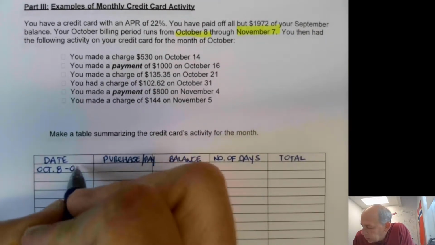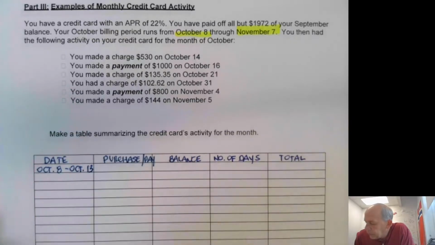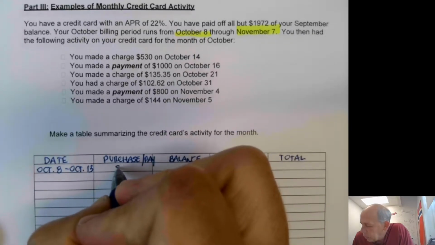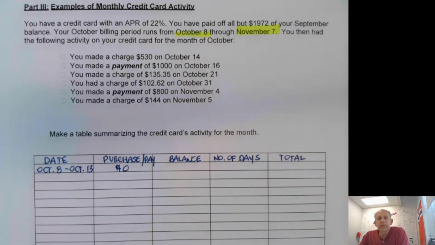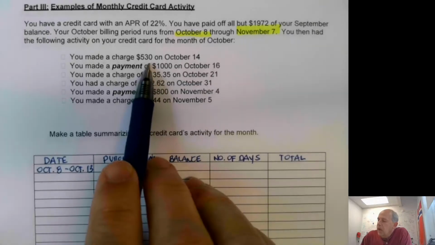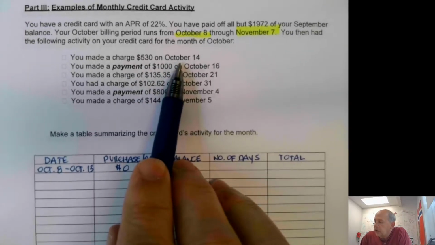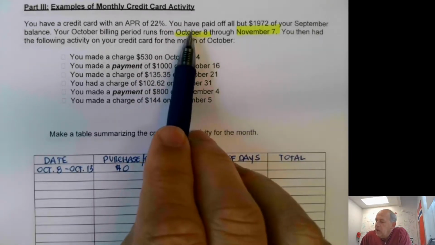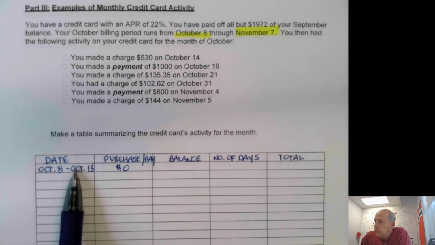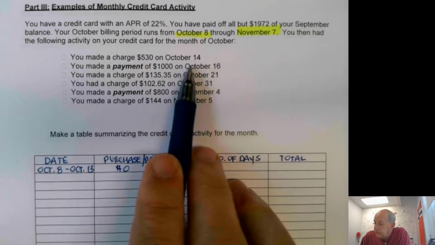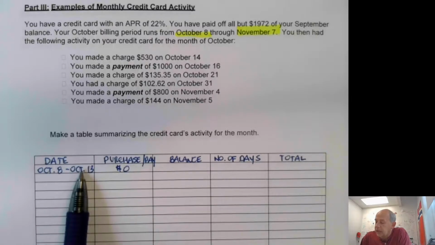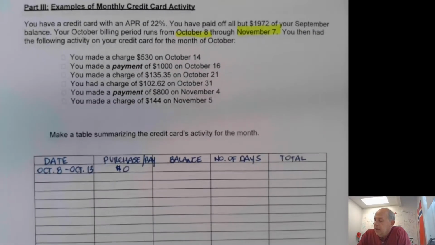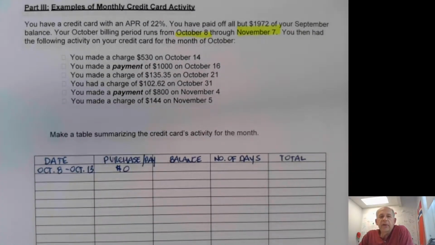Between October 8th and October 13th, we purchased and paid nothing. Now you're probably thinking, where did October 13th come from? The first time we took out our credit card was on the 14th. We started on October 8th and did nothing until the 14th. So between October 8th and October 13th, we bought nothing, we paid off nothing, nothing happened with our credit card.